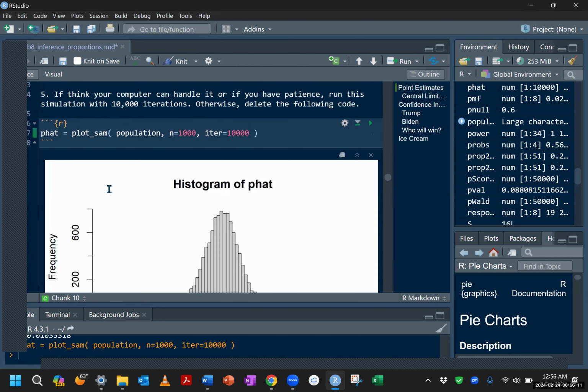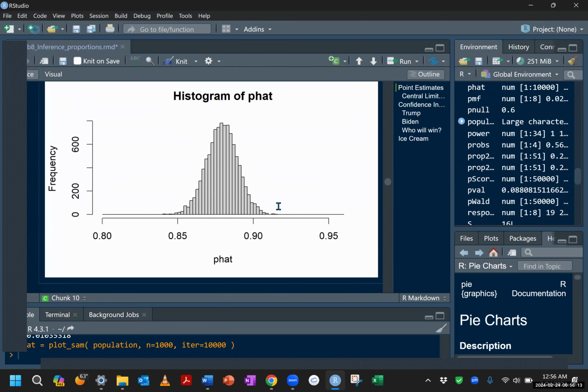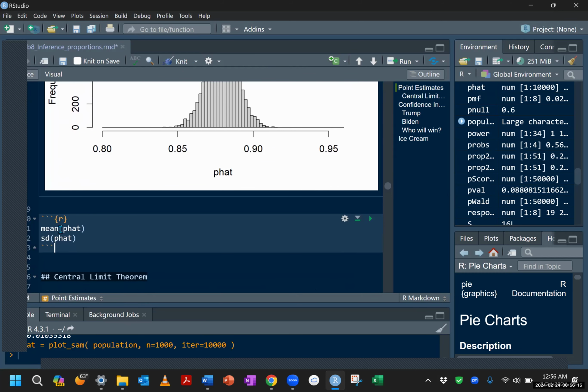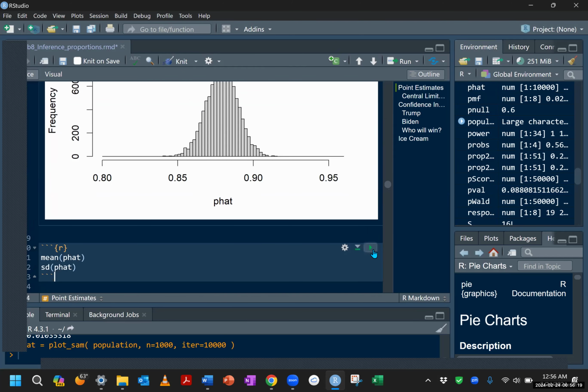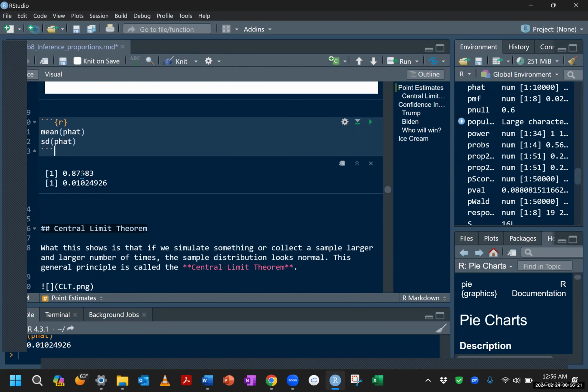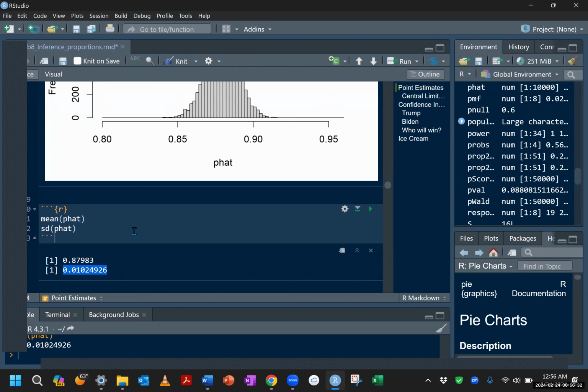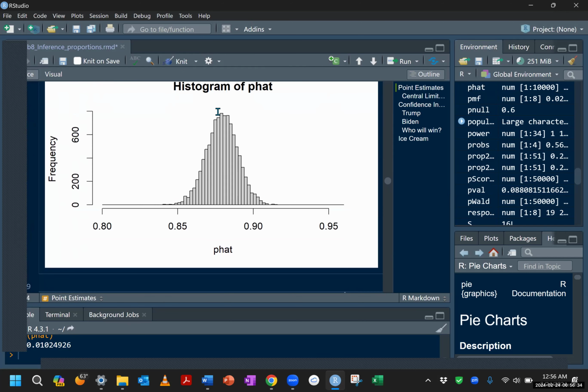This will be a good illustration. Notice the graph gets smoother. And if I want to find out the mean and the standard deviation of these samples, notice the mean is really, really close to 0.88, but the standard deviation remains the same. So there's still going to be variation in my sample. That variation is what we're going to study next.